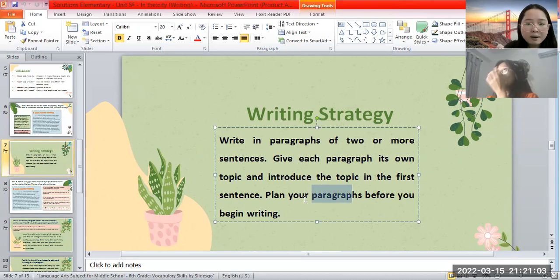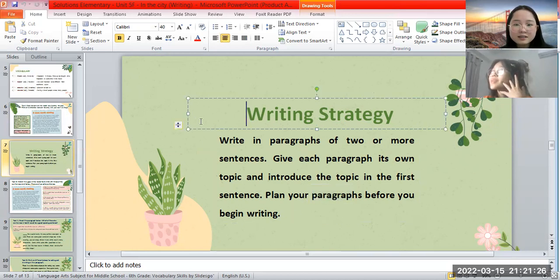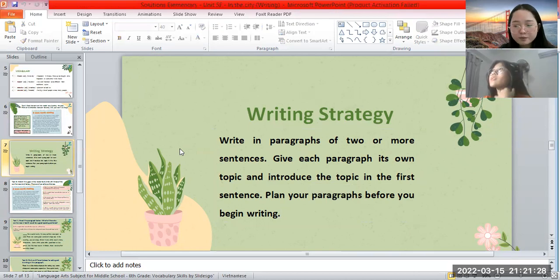In each paragraph, we choose one topic and introduce the topic in the first sentence, so readers know what you are going to write about in your essay. It's just some kind of outline. Just remember to make an outline before writing. That will be easier for you when you start writing.